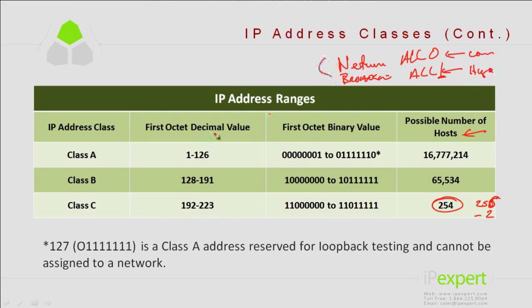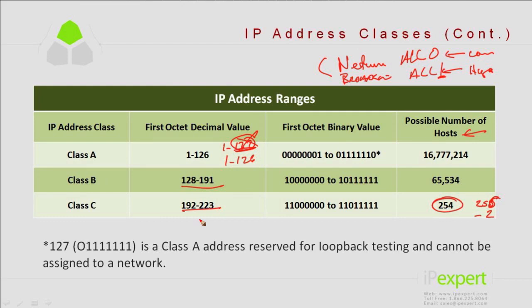When we look at this, notice mathematically I said it was 1 to 127. Well, you have to understand 127 is a special reserved value, so we can't assign it to a device either, leaving us 1 to 126, then 128 to 191, and then 192 to 223.